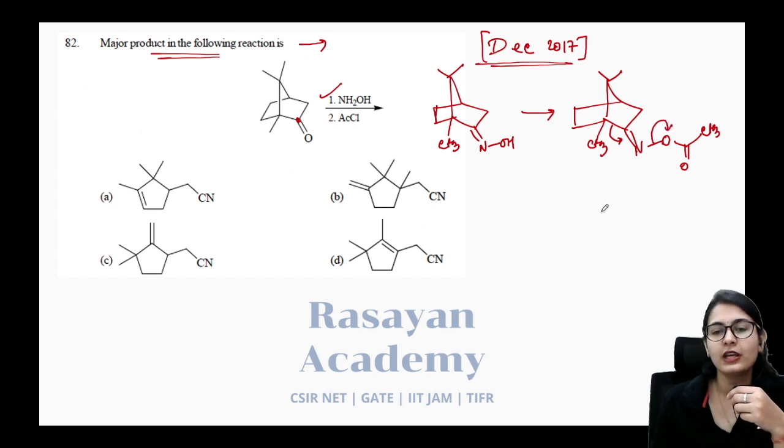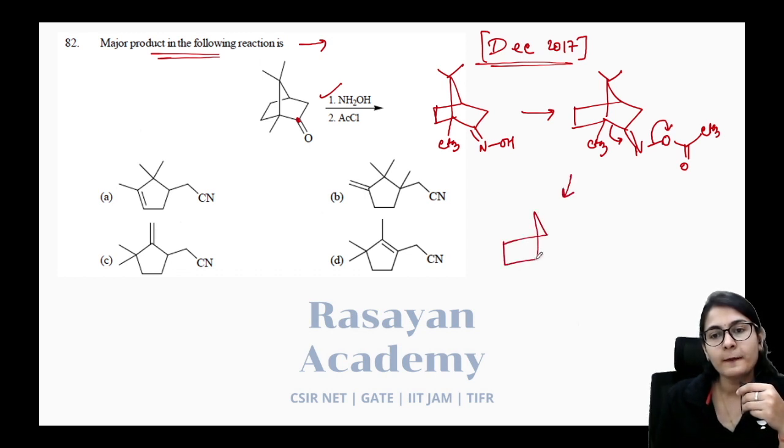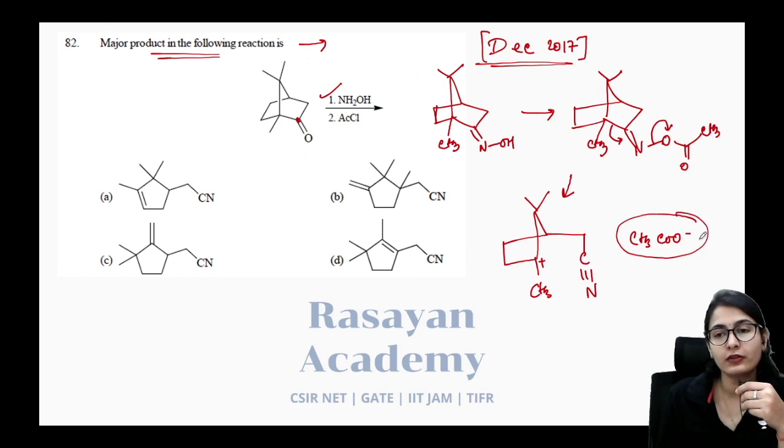What reaction? Usually it could be Beckmann rearrangement, but since the fragmentation possibility is giving you a stable tertiary carbocation like this, and also there will be a release in the ring strain, and the CH3CO leaving group is also a stable organic entity, this is what you are going to get.